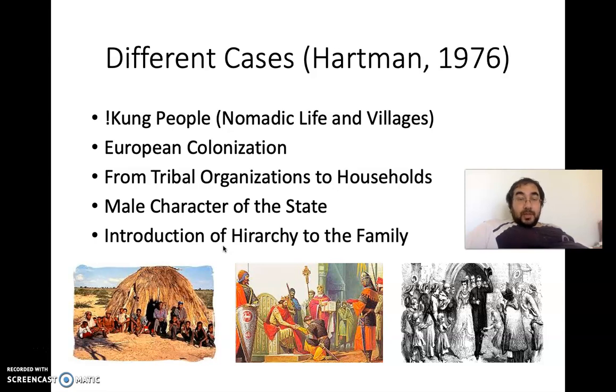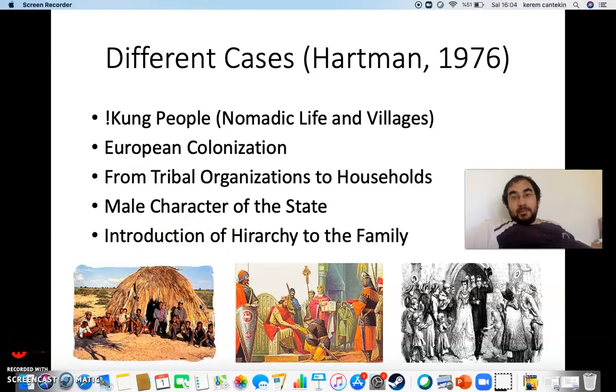So the people around the husband and wife are also dealing with the problems they are experiencing. In that setting, Hartman claims there was no clear male superiority.